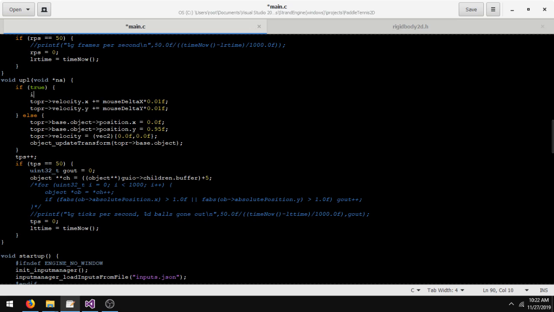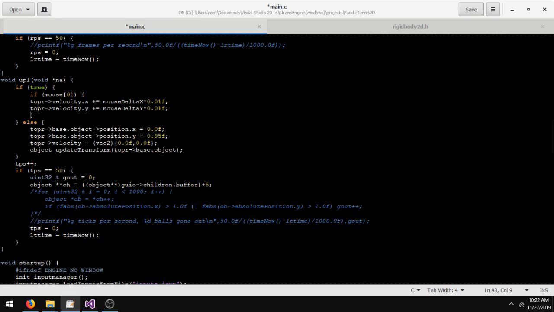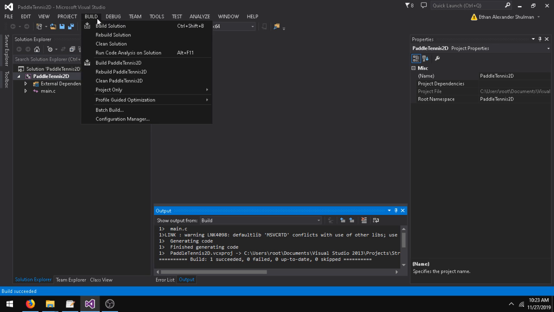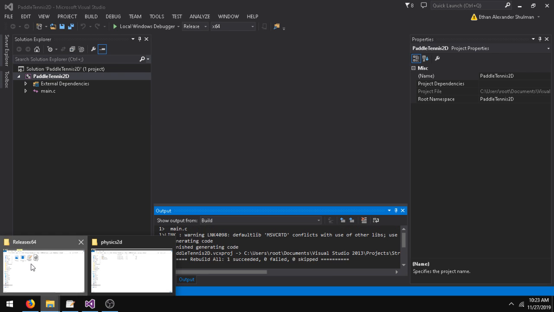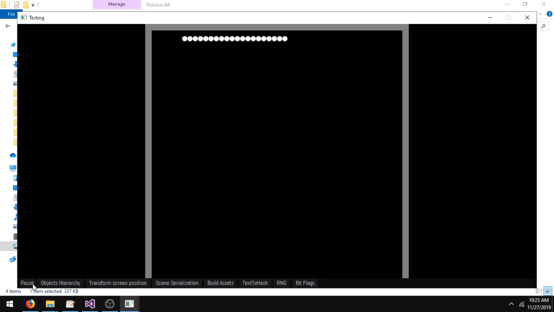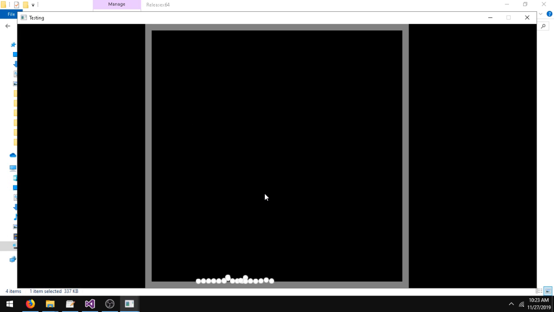Okay, so actually, I'm just going to do this when the mouse is down. There we go. Oh my god, why are they all getting moved over there? Okay, yeah, so there's something wrong with this.